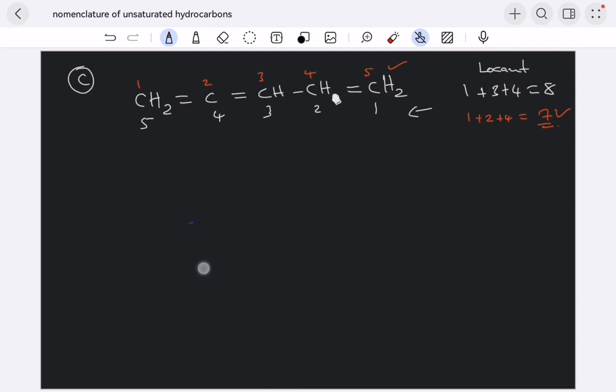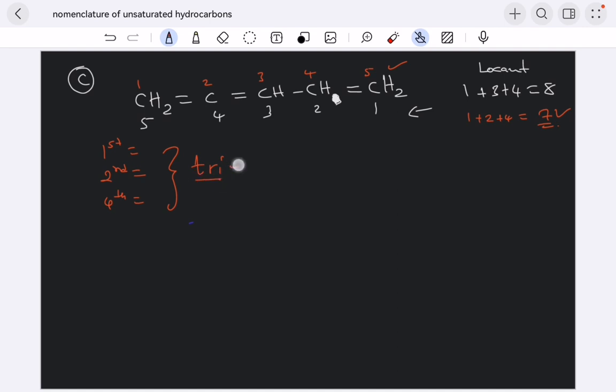So here remember we have a double bond at position 1, a double bond at position 2, and a double bond at position 4. So 3 double bonds will mean that we're looking at a tri.